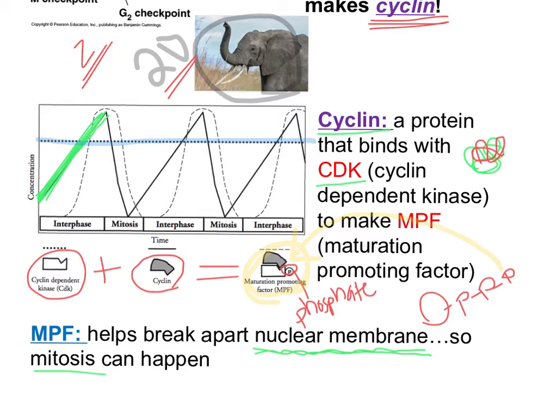The amount of MPF fluctuates, which is what's shown here, based on the concentration of cyclin. Because cyclin is one of the pieces needed to make MPF, you must have cyclin in order to have MPF.